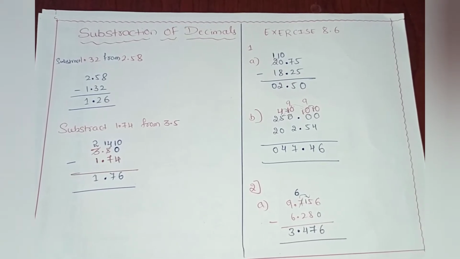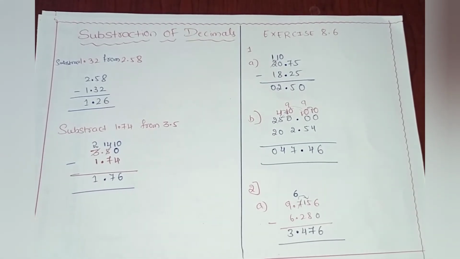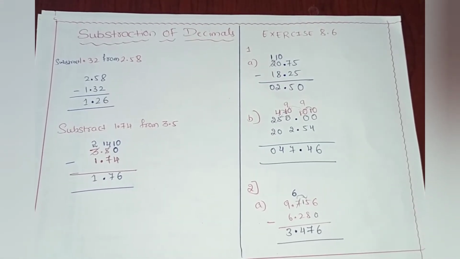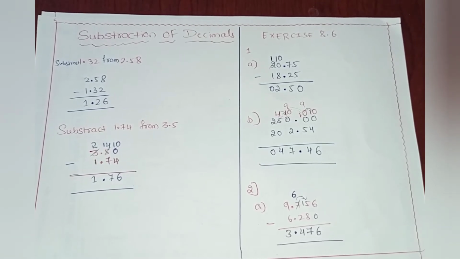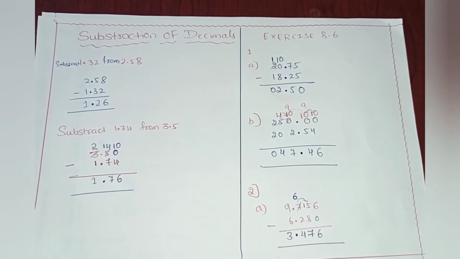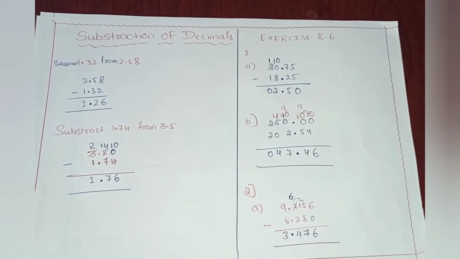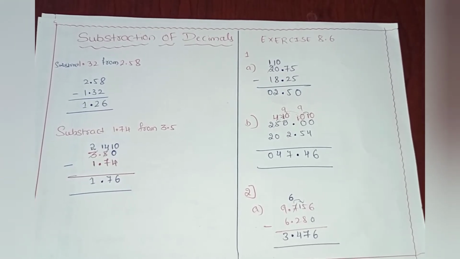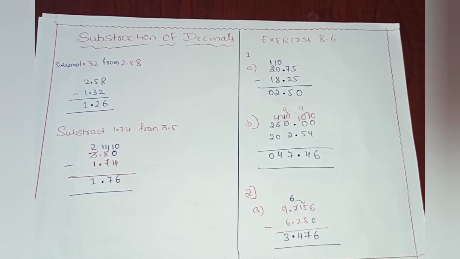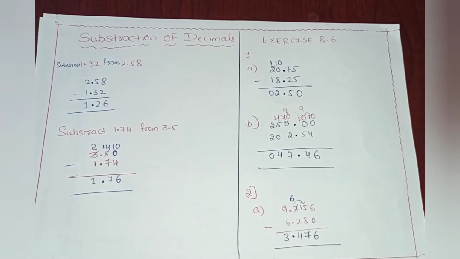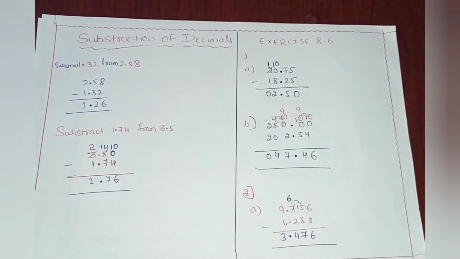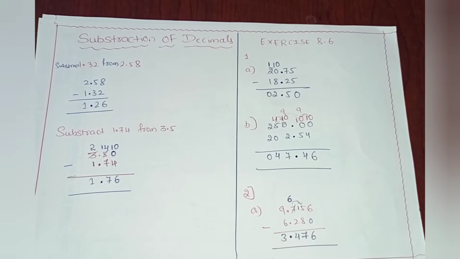In introduction to hundredth, we converted meter to centimeter. To convert meter to centimeter, we divide by 100 or we multiply by 1 by 100, or 0.01. Right, children? Yes.